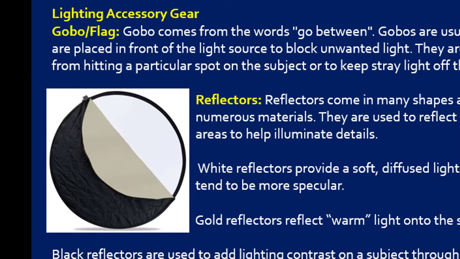Reflectors, we all know and love reflectors. Reflectors are used to add light back into a shadow side of a scene where we've created shadows, or to reflect light back into a scene where we need a little bit stronger illumination on something. It might be used as a main light, but generally a reflector is used as a fill light.